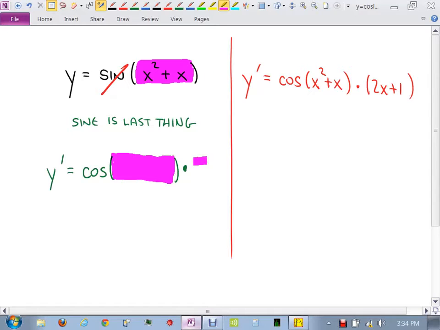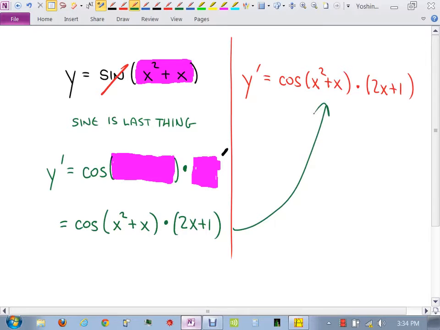So I'm going to put the purple here, but I want its derivative, so I'll put a little derivative mark next to it. So if you can fill this in, cosine of what was the purple? x squared plus x, times what's the derivative of the purple? 2x plus 1. And that's this, right?